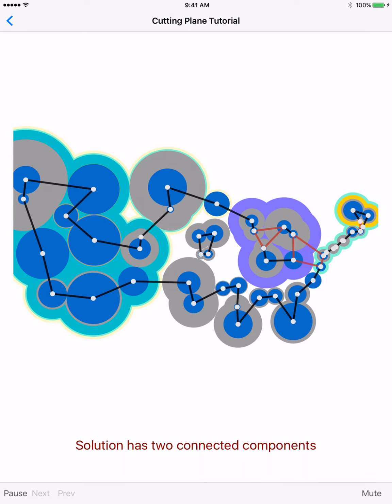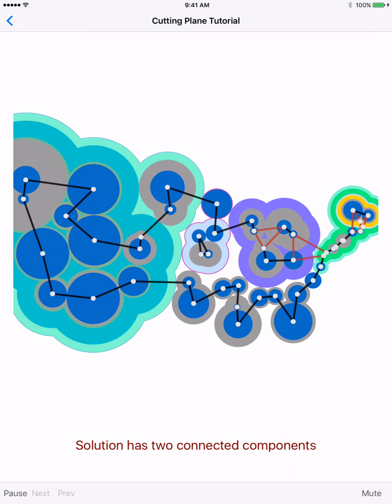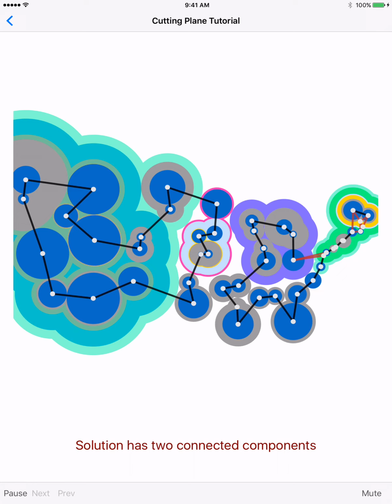After adding the constraints and solving the LP, the new solution, again, has two components. There is now a single component, but we identified 4 violated subtour constraints for the solution. Oops, we are now back to a 2-component solution. The problem is stubborn. We again have a 2-component solution.